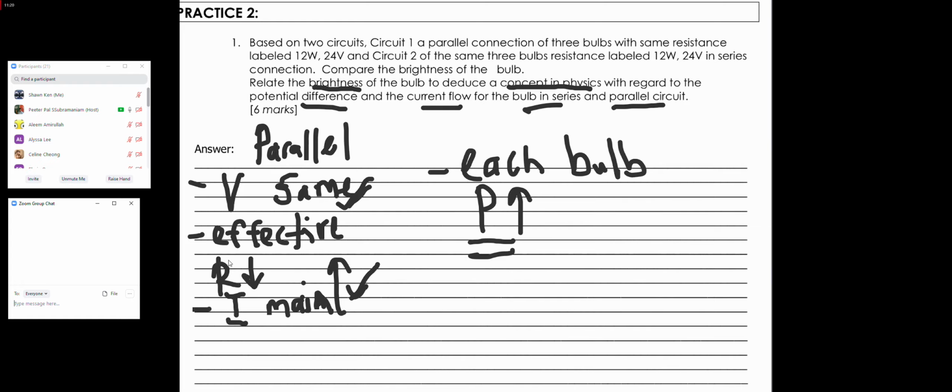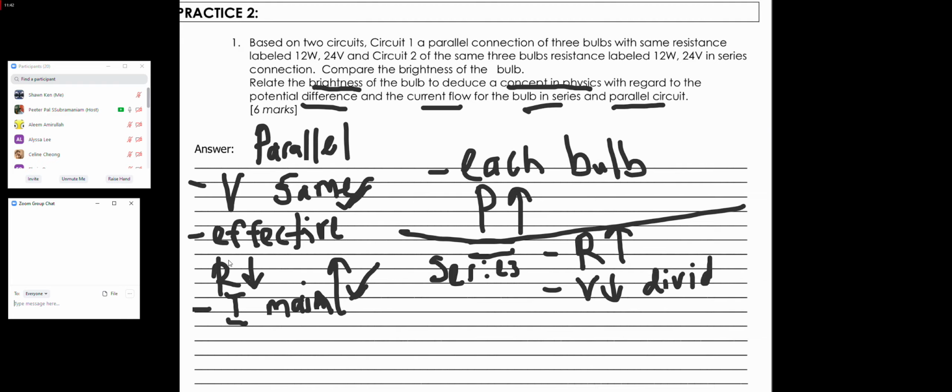Now we go for series. In series, effective resistance was higher. Voltage across each bulb was divided, so the voltage was lower. Current across each bulb was also lower.